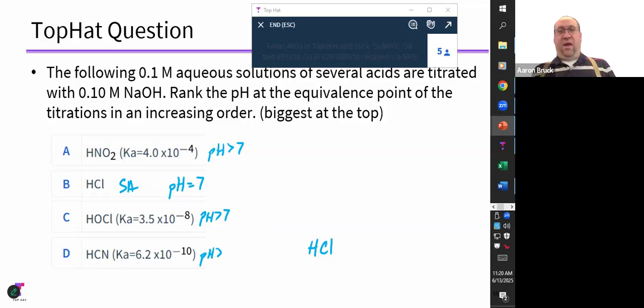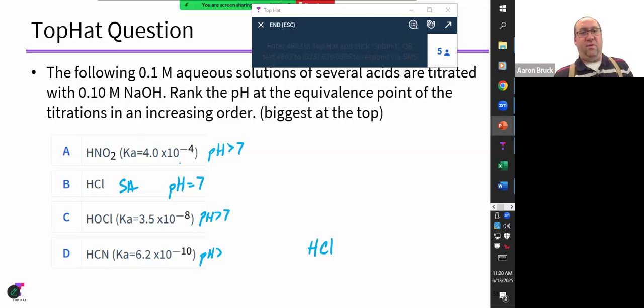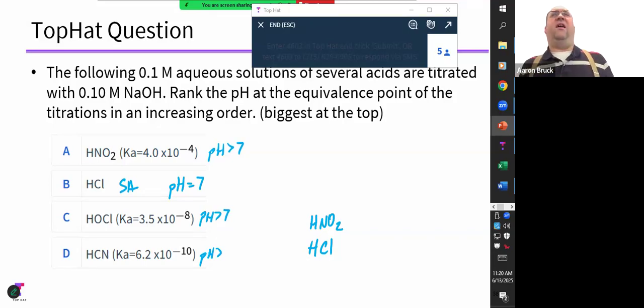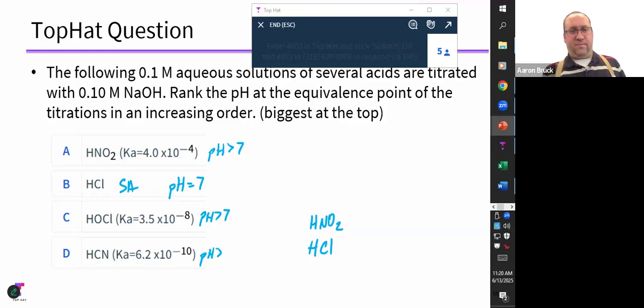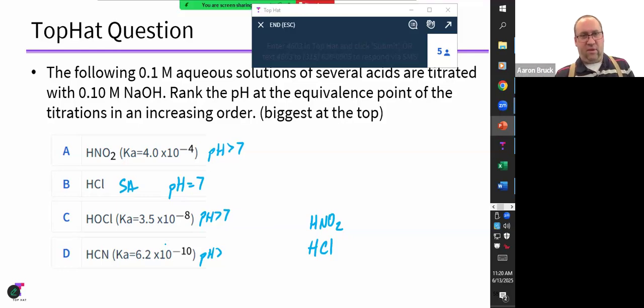And so if we take them in order of strength, then what we would see is that, okay, nitrous acid is the next strongest. So the nitrite ion is going to have a basic pH, but it's probably going to be in the high 7s, low 8s, maybe mid 8s, depending upon concentration. From there, the hypochlorous acid would be the next strongest with its Ka.